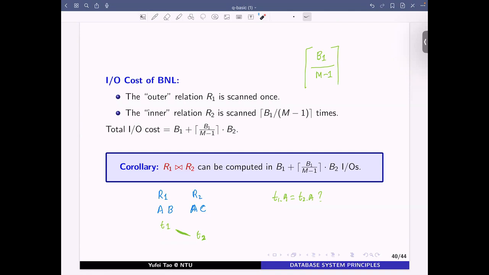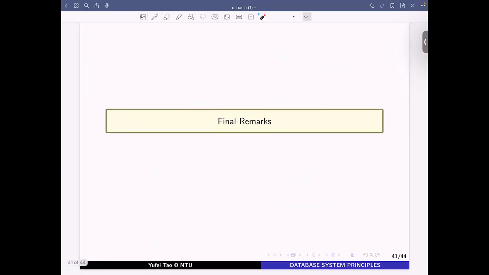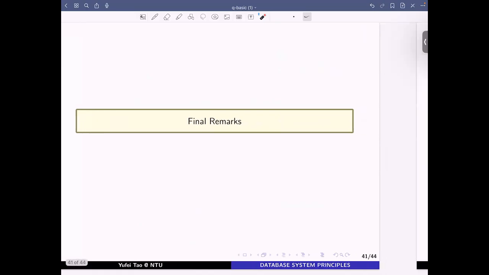So as an immediate corollary, we have already found one algorithm to perform a join. This is a join between R1 and R2, and the I/O cost is the same as the I/O cost of BNL. Okay. Good. Well, before we finish tonight's lecture, I'd like to make some remarks.